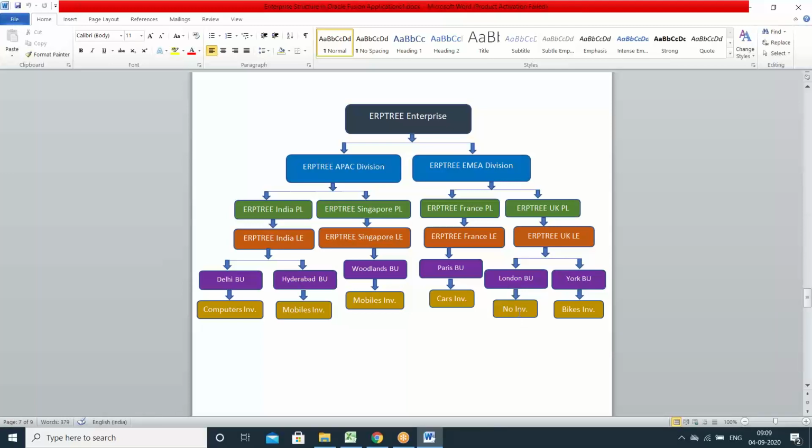Only when they are dealing with material or stock do they need inventory. So in London, the business is all about consulting services, and they don't need a warehouse, right? That is the reason no inventory for London. For York BU, say they are into bike sales, etc. Accordingly, they can have inventory.